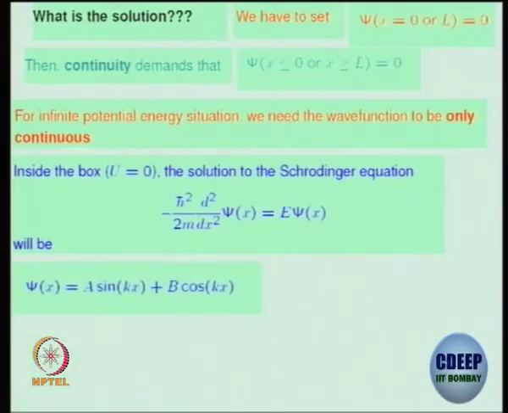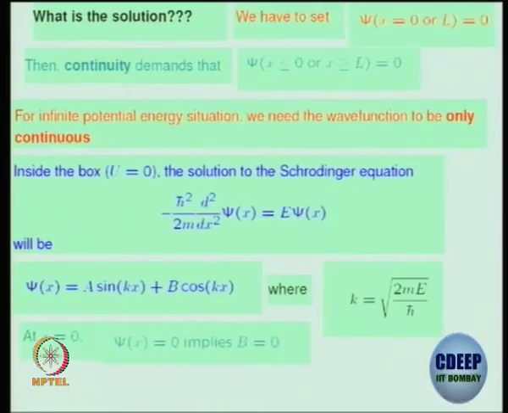Inside the box you put U equal to 0 in the time independent Schrodinger equation, and the most general solution is a linear combination of sine and cos, where k is proportional to the square root of the energy. At x equal to 0 you want your wave function to vanish, and that forces you to make b equal to 0.